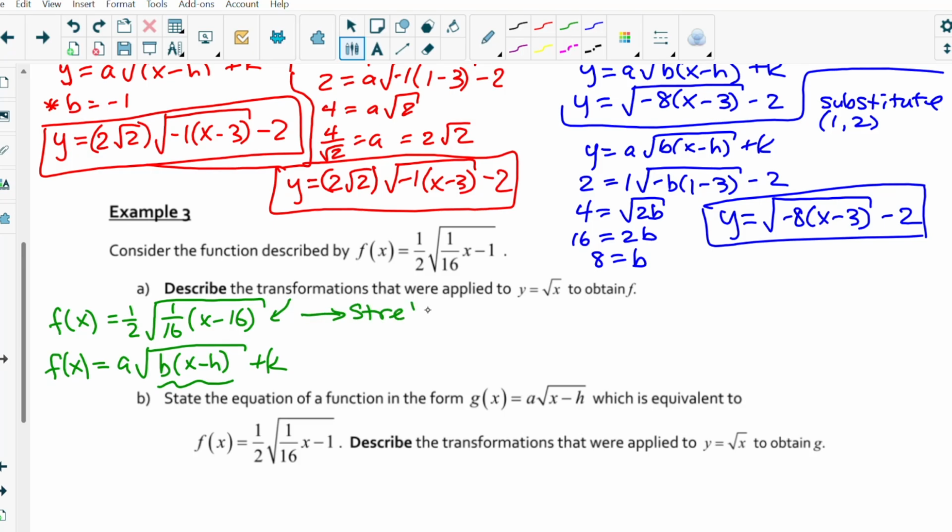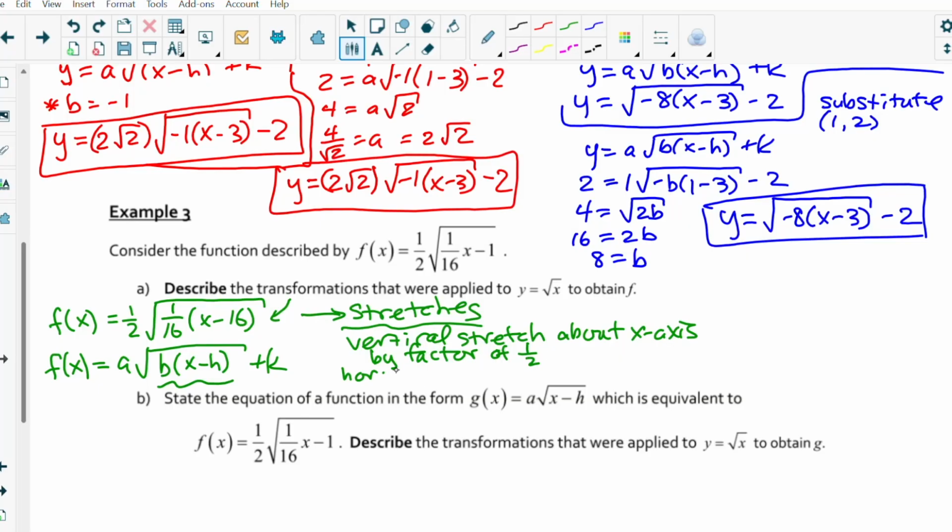So this one, let's think about stretches. Vertical stretch about the x-axis by a factor of 1/2.